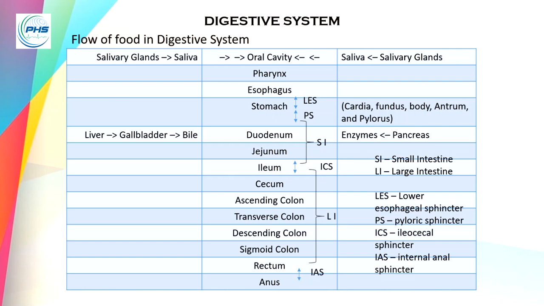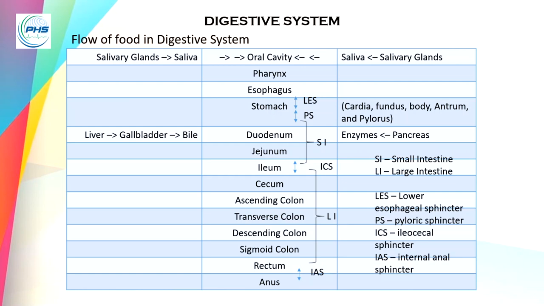Next, large intestine. The large intestine is also known as the large bowel. Water is absorbed here, and the remaining waste material is stored as feces before being removed by defecation.